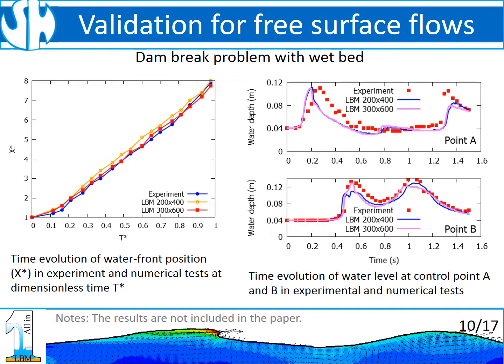In the figure on the left, we compared the time evolution of waterfront positions by experiment and LBM. Here, the fine grid for lattice Boltzmann shows more accurate results. On the right, we show a comparison of time evolution of water depth at 2 points. We conclude that the lattice Boltzmann method works for a free surface flow very well.